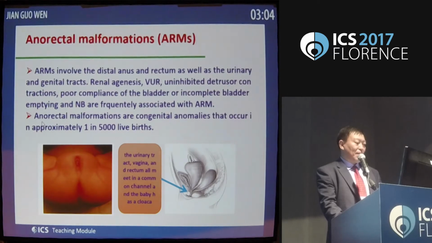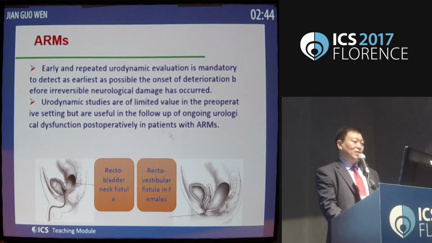After the surgical procedures, the cases also need reconstruction of the bladder and the urethra. So the bladder and urethra volume and function are most important to monitor in the future, especially with video urodynamics. Early and repeated urodynamic evaluation is very important to detect deterioration as early as possible, before invisible neurologic damage has occurred.